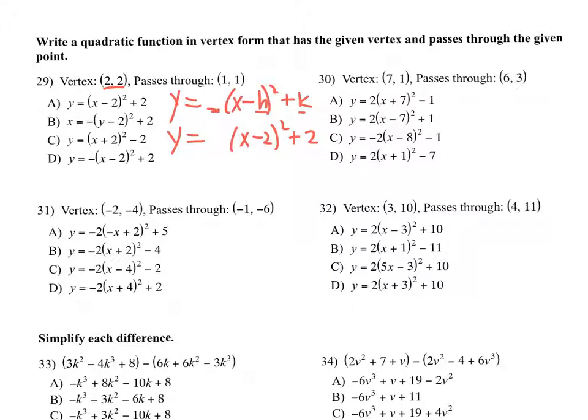Just kind of strategically, that gets rid of 2 of our answer choices. Then the last part is we've got to pass through the point 1, 1. You'll also have a picture in this problem on your test. So we're looking at a vertex at 2, 2, and it passes through the point 1, 1, which is 1 down and 1 over.